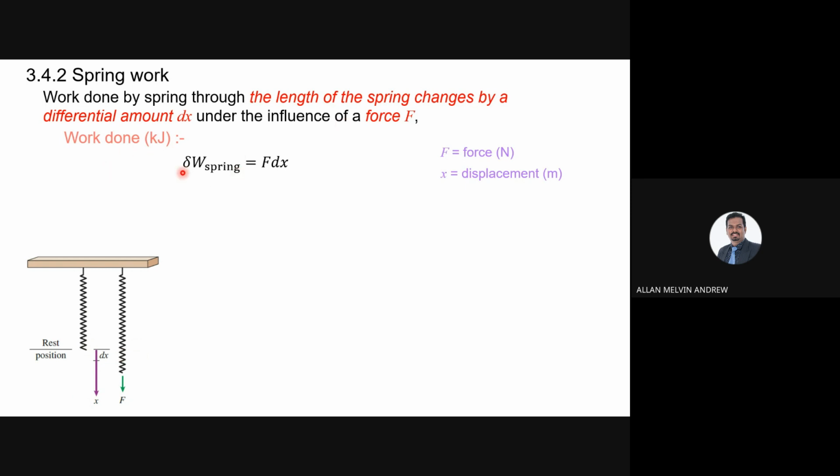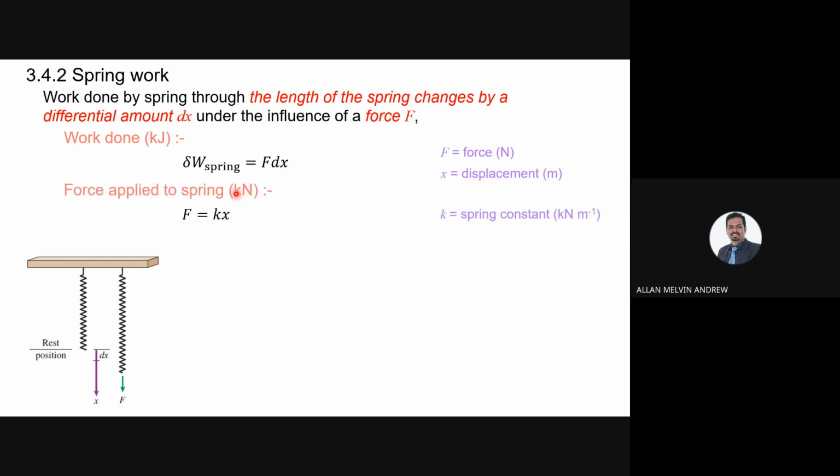Then we calculate the work done by the spring. The change of work done in the spring equals F dx, force and the change of x, from the rest position to this line. You are not taking the whole length, that's why we are putting dx.